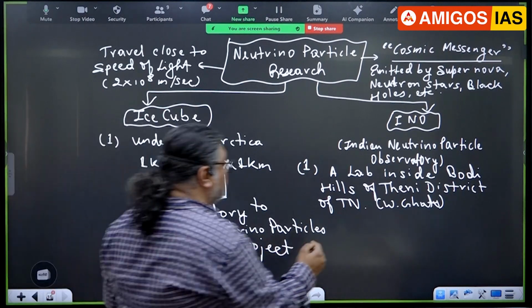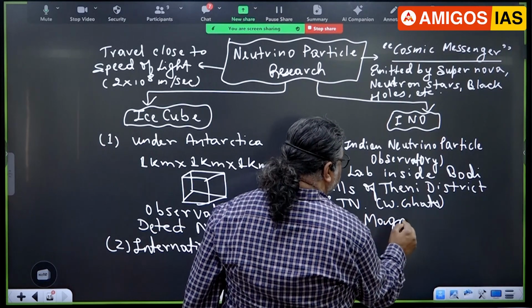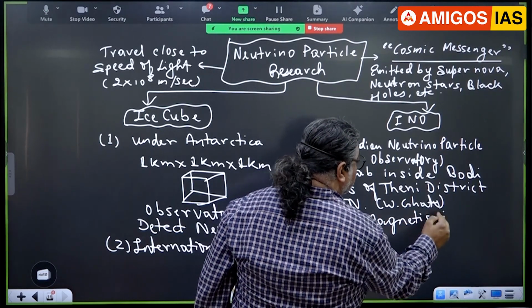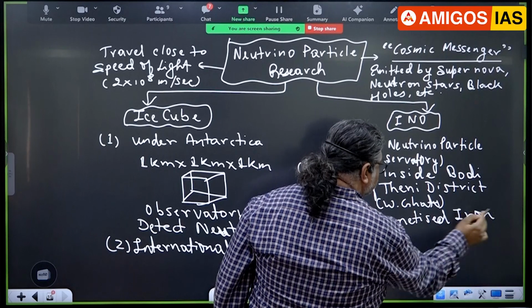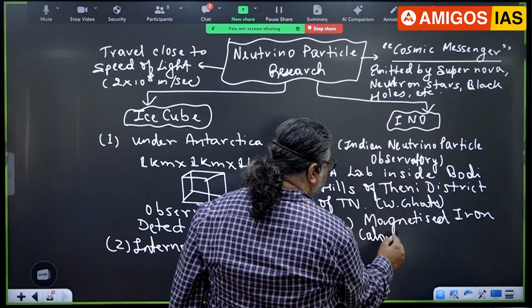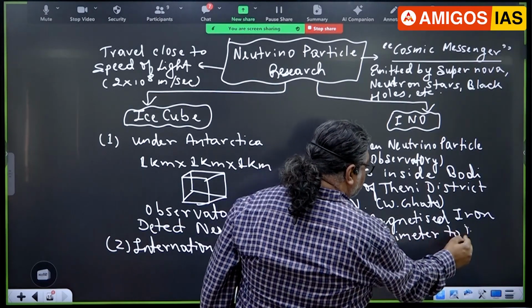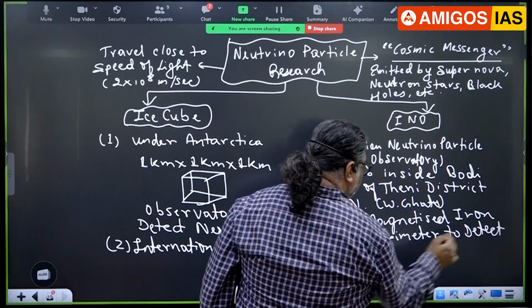So you can write number 2 here. It will use a magnetized iron calorimeter to detect neutrinos.